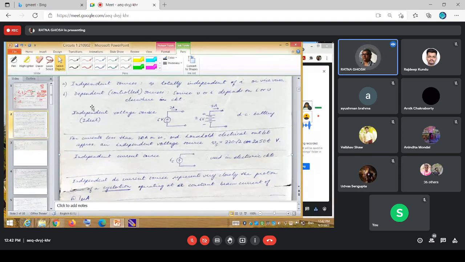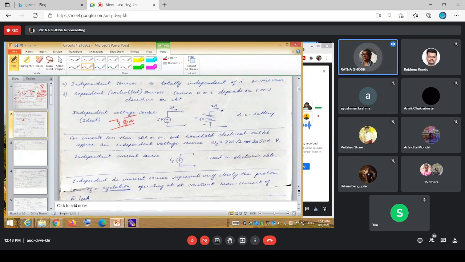As a result, in the representation, the current source on the right hand side is actually a dependent source.